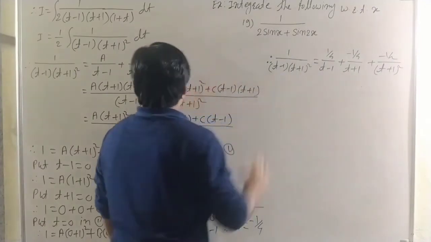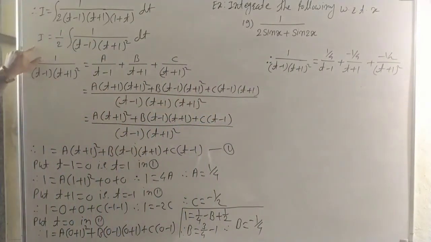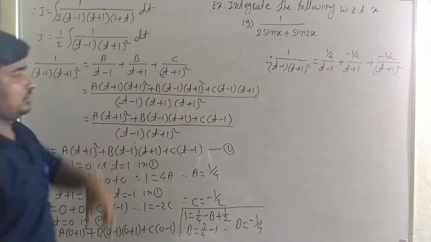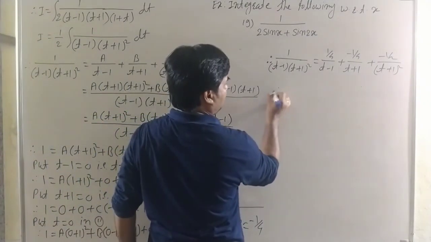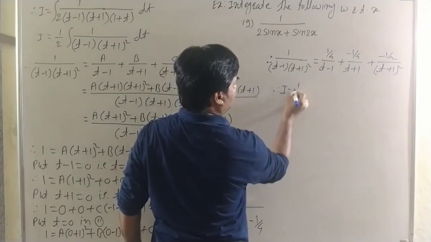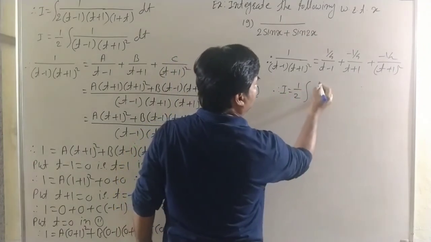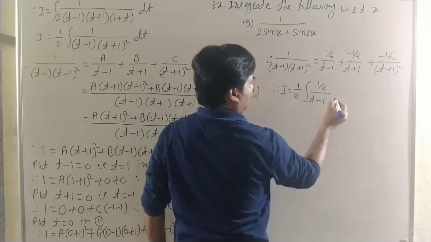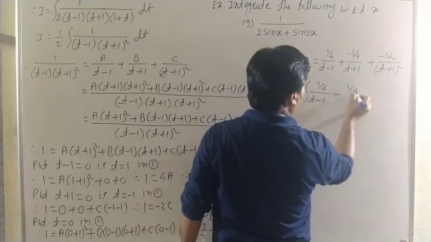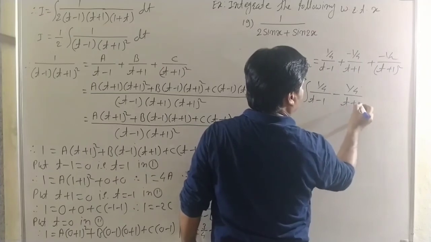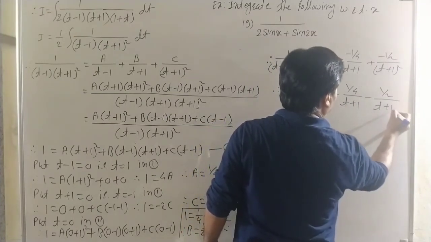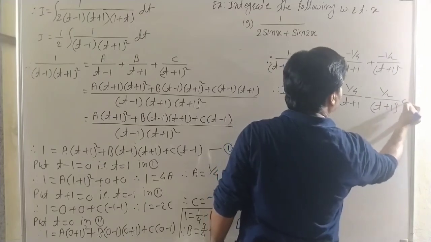Now we find this integral. This is replaced by this, and the integral is equal to 1 by 2 into the integral of 1 by 4 upon t minus 1 minus 1 by 4 upon t plus 1 minus 1 by 2 upon (t plus 1) whole square dt.